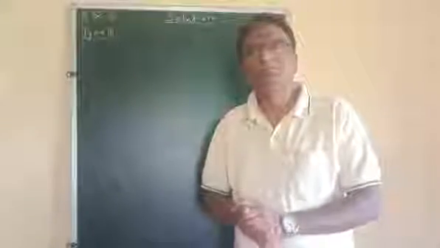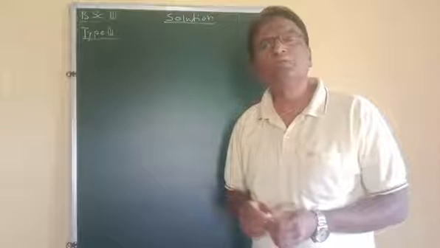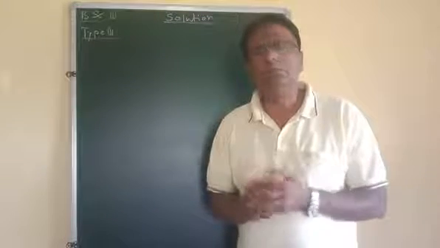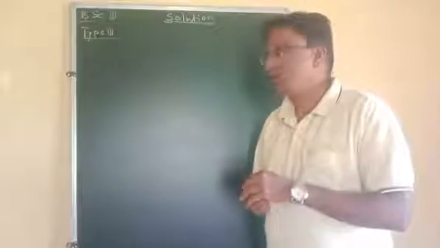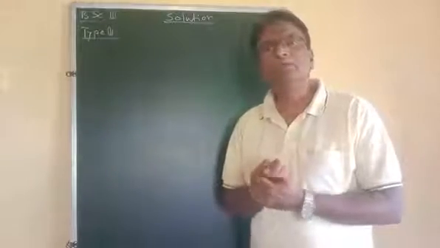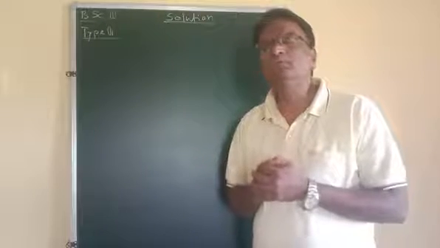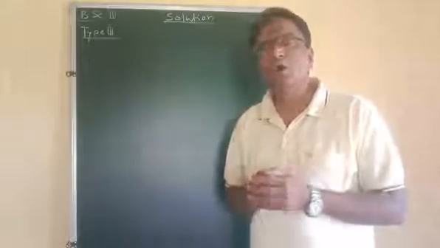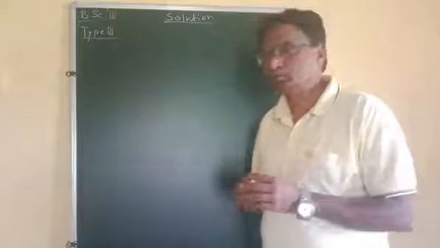Hi students, in the previous video lecture we have seen the distillation of miscible liquids, in which we have seen the theory of distillation of miscible liquid pairs of type 1 and type 2.